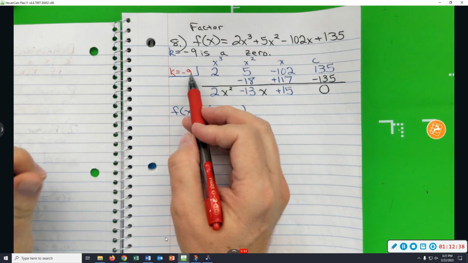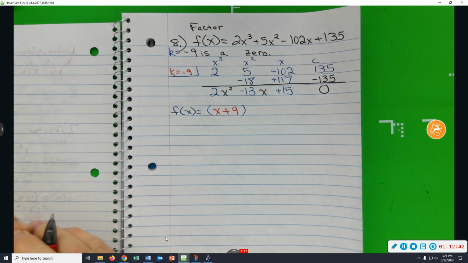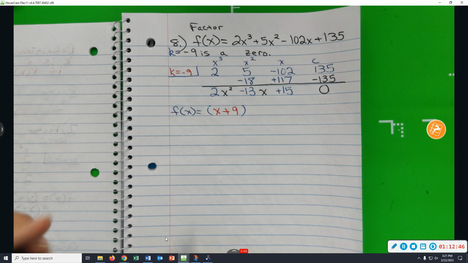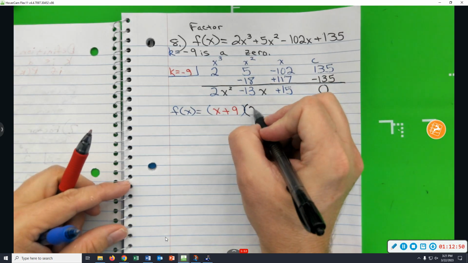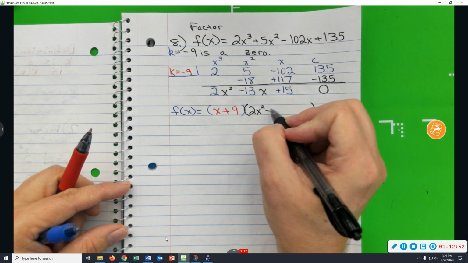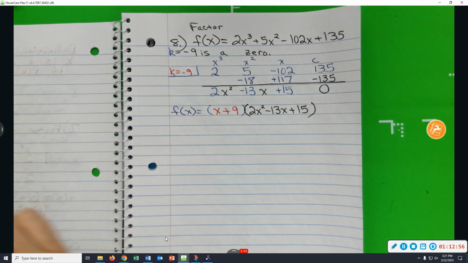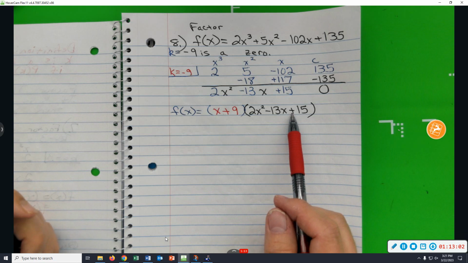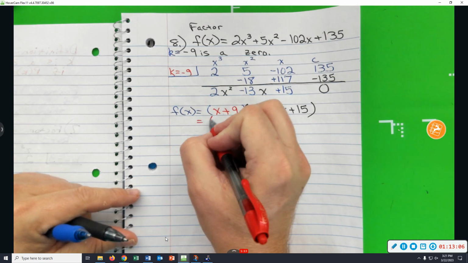The k value was a minus 9, so I have a plus 9. So there's the divisor times the quotient: 2x squared minus 13x plus 15. That last sign's a plus, so we're going to have 2 negatives.